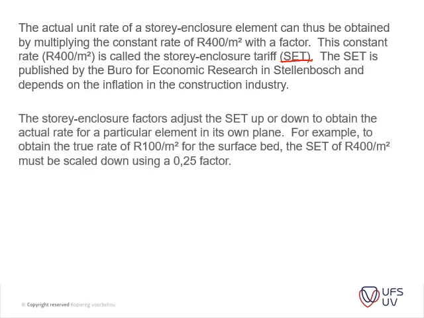The story enclosure factors adjust the tariff up or down to obtain the actual rate for the particular element in its own plane. For example, to obtain the true rate of 100 Rand per square meter for the surface bed, a factor of 0.25 is used and times with the tariff, which was given as 400 Rand per square meter.